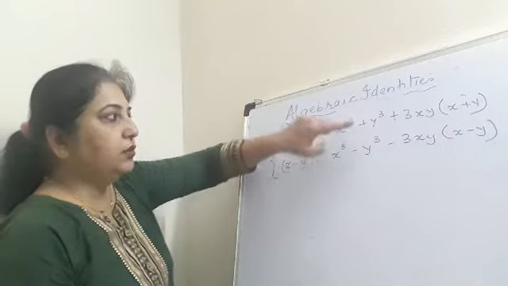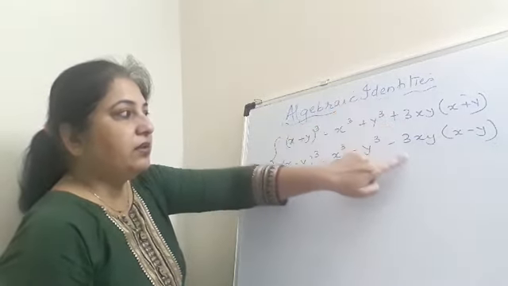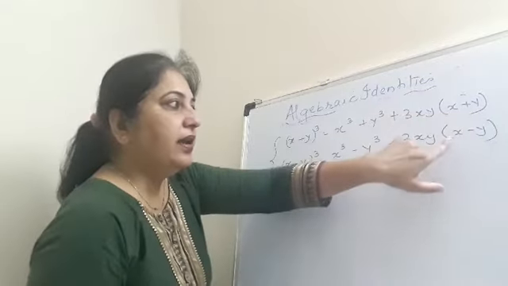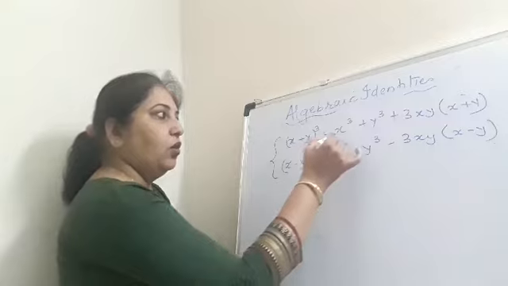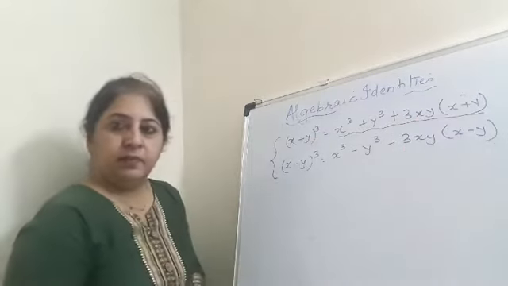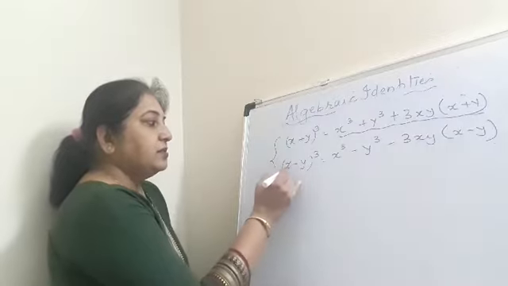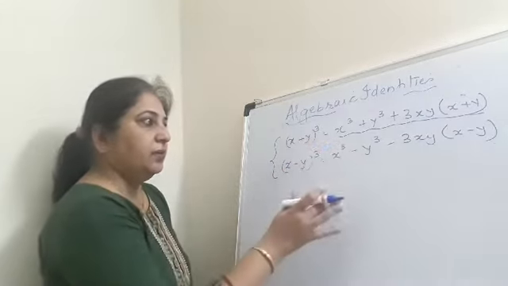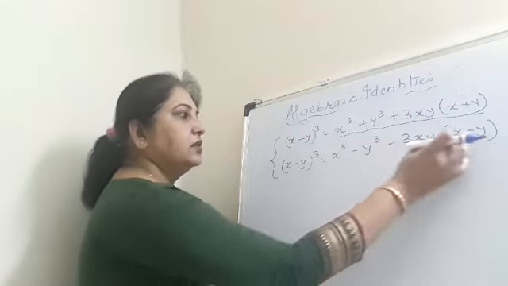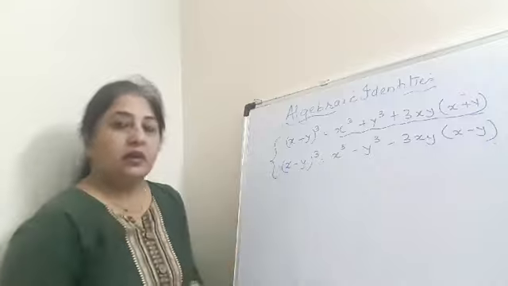So you have to remember that in the plus identity all the terms are positive. And when I say x minus y the whole cube, I will not say that all the terms are negative, but in between the terms we have a negative sign. So this is how we can learn it.